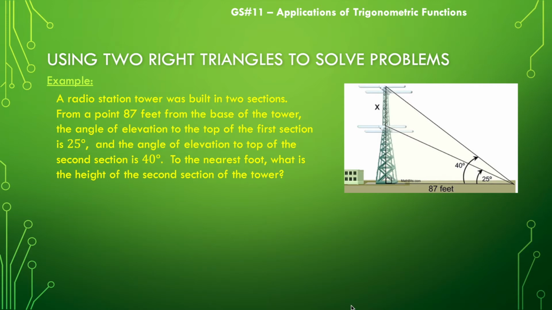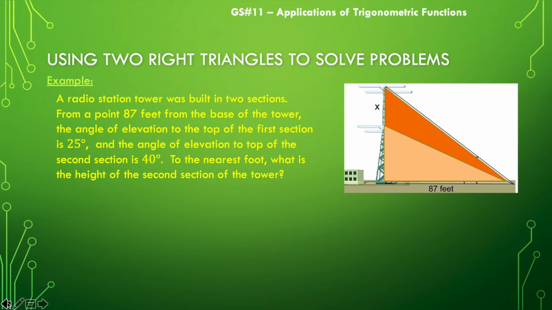If you're looking at this diagram, which is great, it's given to you, we can see that there are really two right triangles going on. So we're going to look at those separately and then use what we can figure out about them to solve this problem.